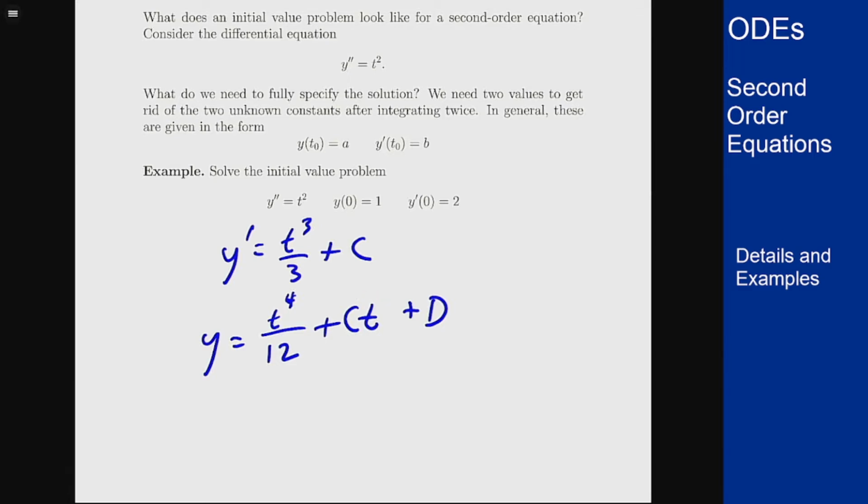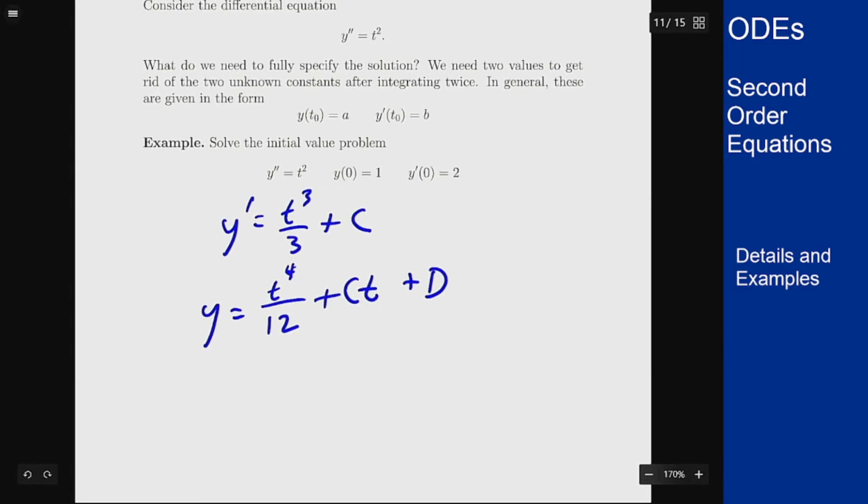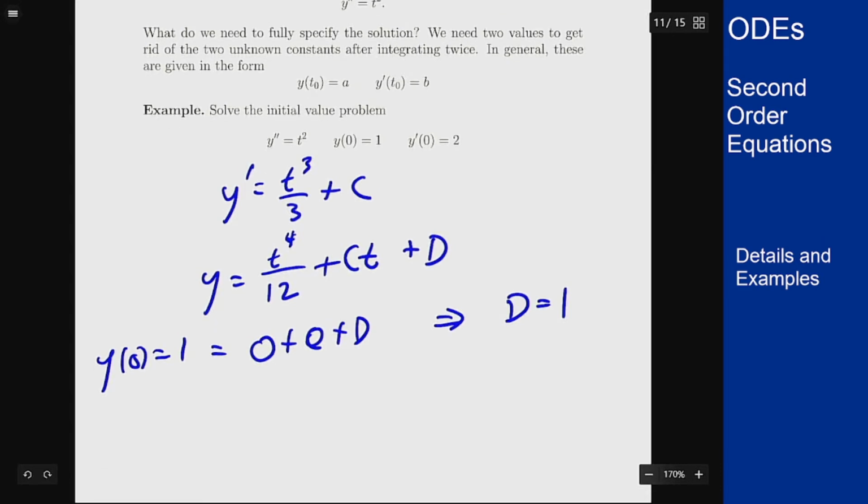Now I can find what the constants need to be to meet the initial conditions. For the first one, y of 0 equals 1, if I plug in 0, I get 0 plus 0 plus d, so d is 1. For y prime of 0 equals 2, I plug into y prime up here: 0 plus c, so c is 2.